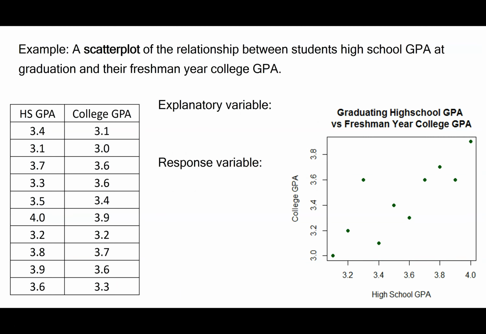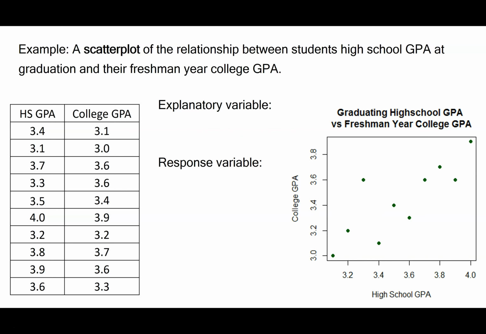So here's a scenario that we're going to use throughout the lessons here. And I know it's really old school, it's at a particular private college, I believe. They are looking at high school graduate GPAs and comparing them to the GPAs of these students at the end of their first year of college. So they're trying to see, can we predict what the end of their first year college GPA is going to be based on what their graduating GPA was in high school.